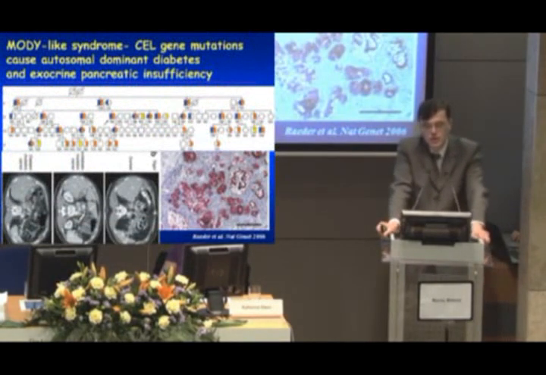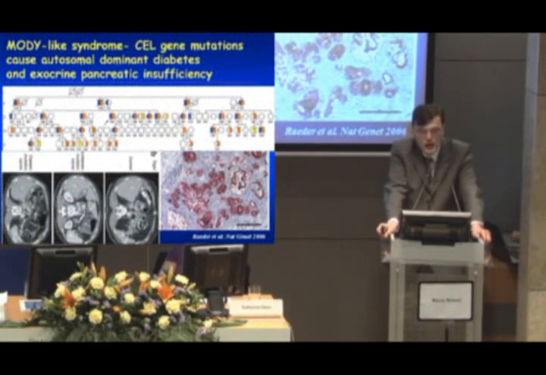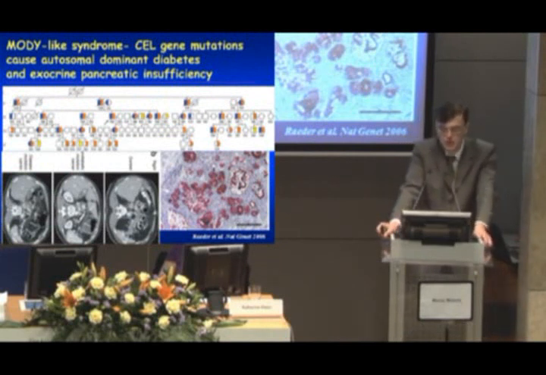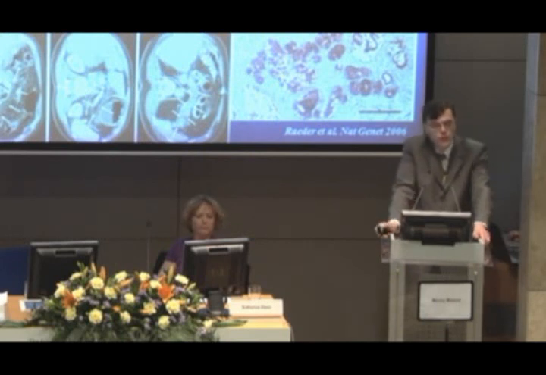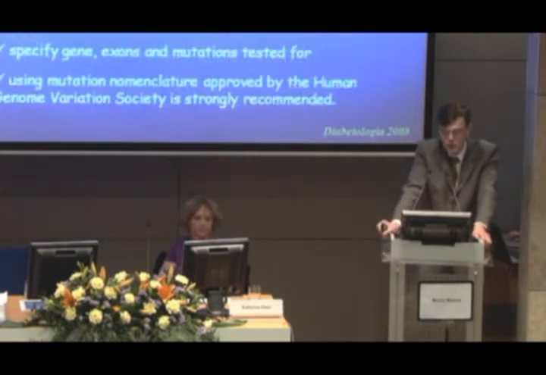I mentioned that there were a few MODY-like syndromes reported over recent decades. One of them, a very interesting one, is a syndrome associated with cholesterol ester lipase gene mutations that causes autosomal dominant diabetes and exocrine pancreatic insufficiency. So far, it was reported only from the Norwegian population.